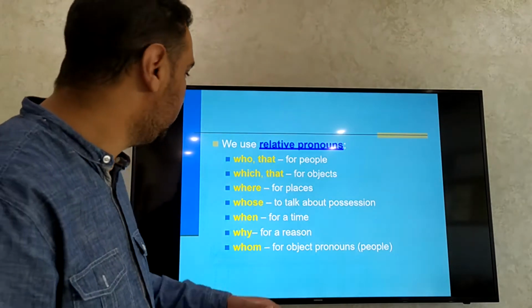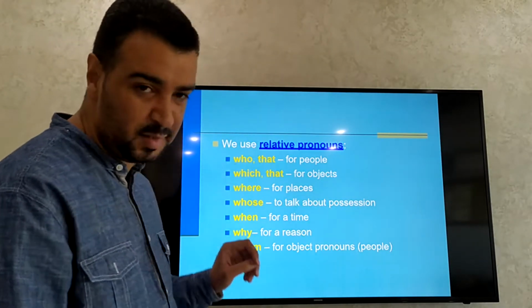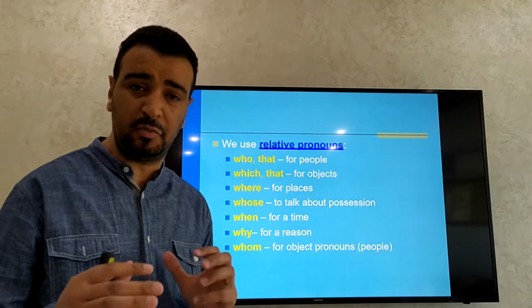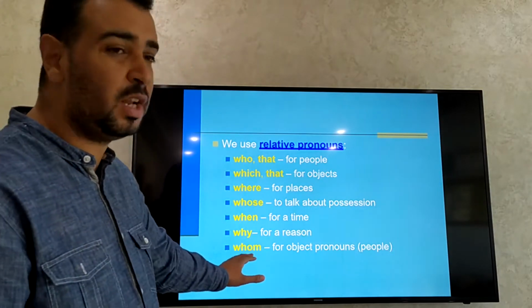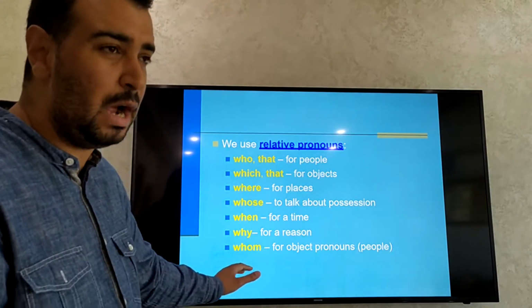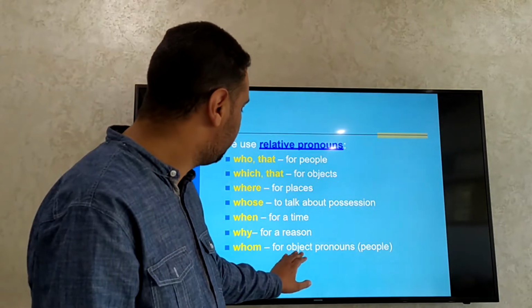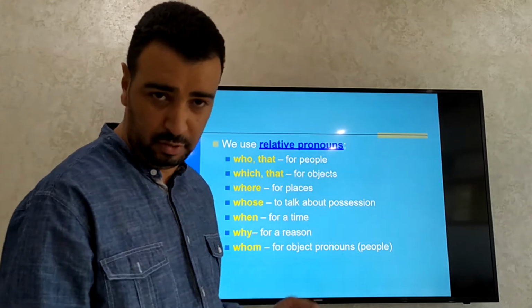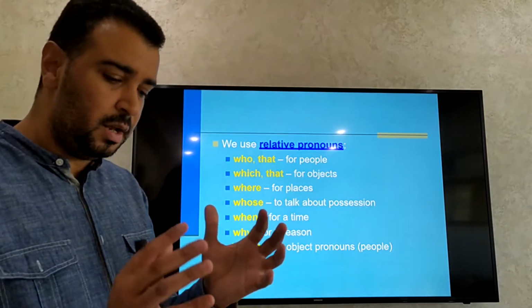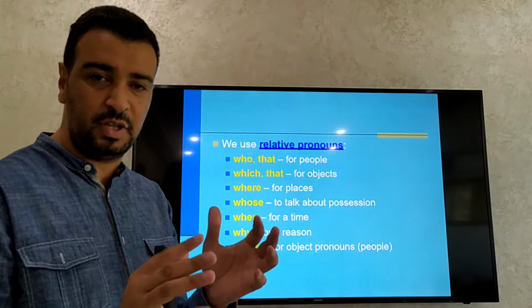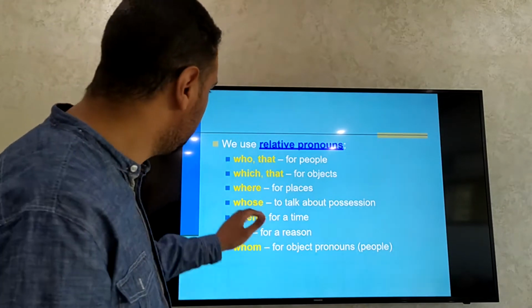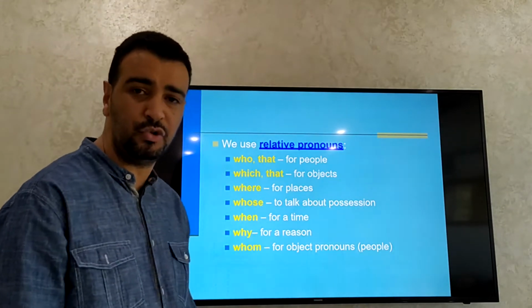So most people prefer to use who instead. So grammatically speaking, what does whom stand for, or why do we need it, or how should we use it? It is used as an object pronoun for people. So if the person you're talking about in a sentence is a subject, you use who. If it is an object, you use whom.